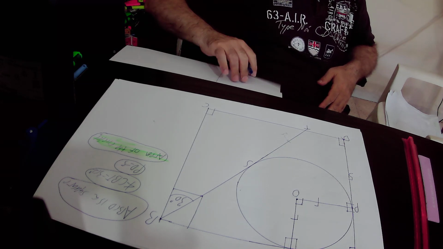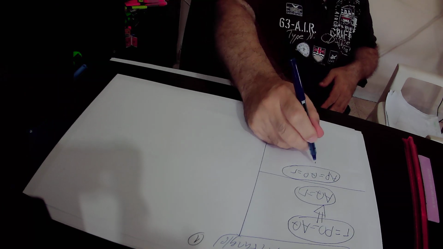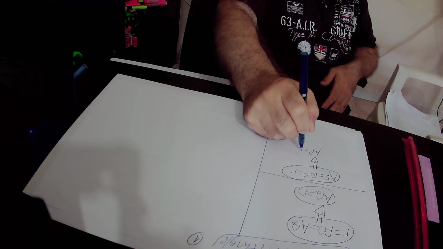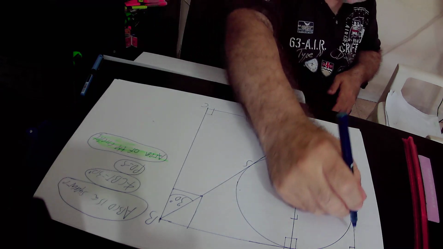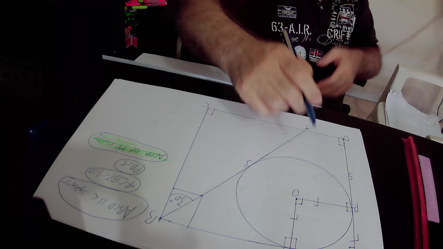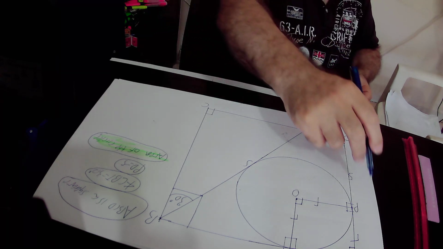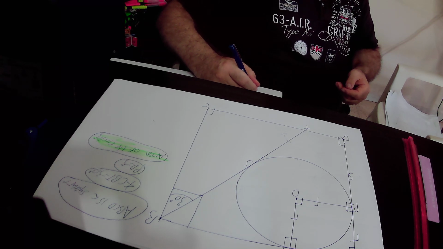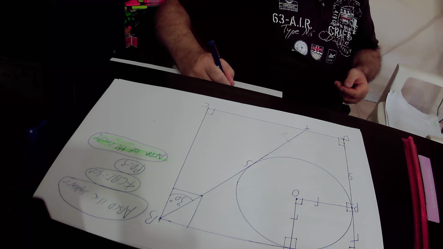And from this equation, AP equals QO equals R, we derive that AP also equals R. Here AP equals R. So we actually found out that quadrilateral AQPO is a square and not just a rectangle, because all of its sides are equal to each other, they are equal to R. So you can write down that quadrilateral AQPO is a square.